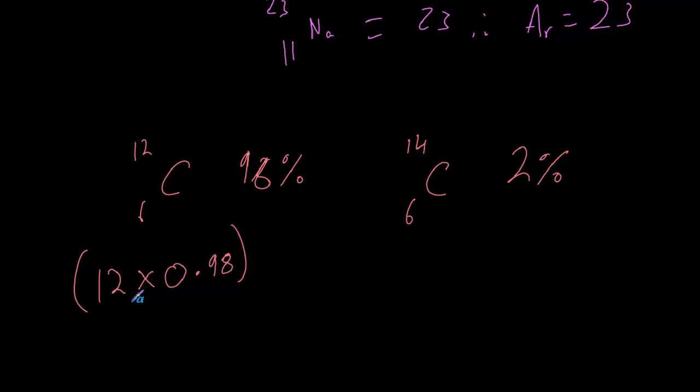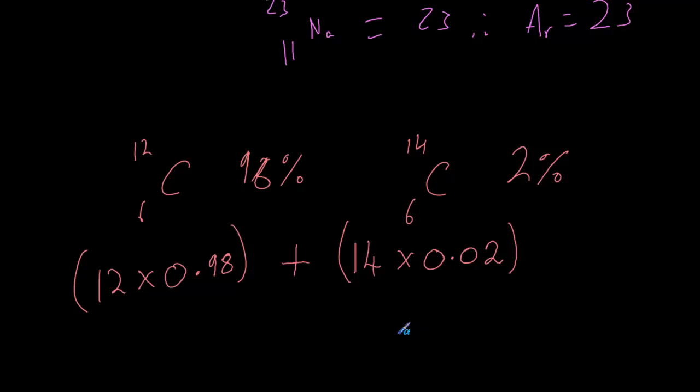Okay? That's going to give me an answer which is going to be pretty close to 12 because this is almost 1. And what I'm going to do is add on our mass of carbon 14, which is 14, multiplied by our percentage of carbon 14 as a decimal. 2% is the same as 0.02.